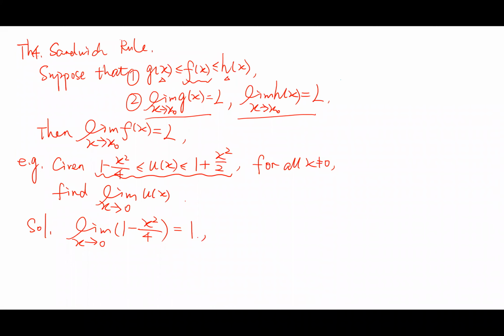And the limit of the other function as x approaches 0, 1 plus x squared over 2, we can also find by substitution, so the limit is also 1. So the limit of the left function and the limit of the right function are the same. The limit is 1.